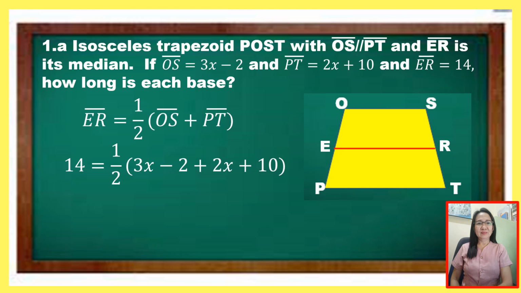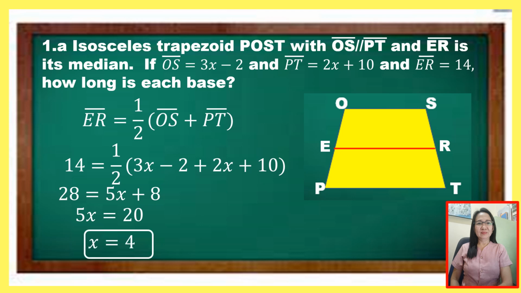Combining similar terms and multiplying both sides by 2, this will be simplified into 28 is equal to 5x plus 8. Again, by addition property of equality, we will get 5x is equal to 20. And then dividing both sides by 5, the value of x is equal to 4.